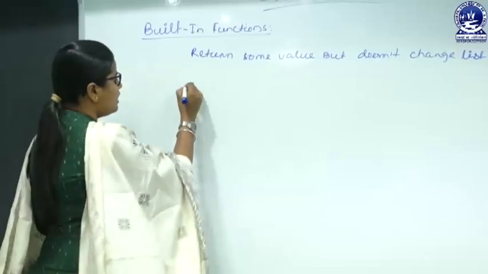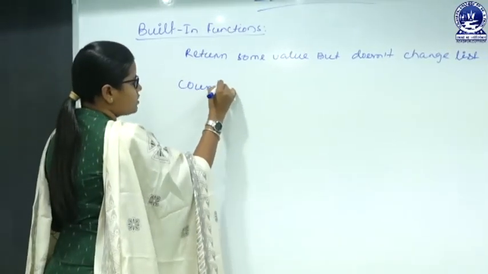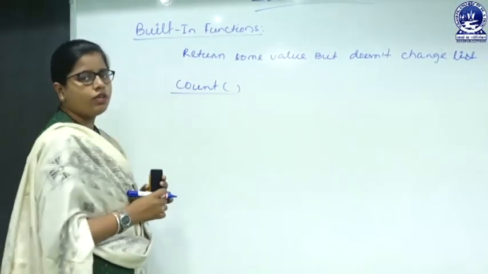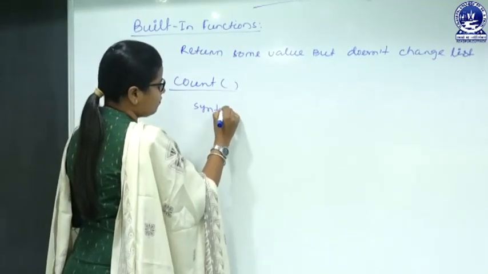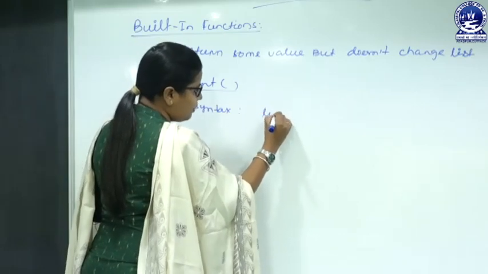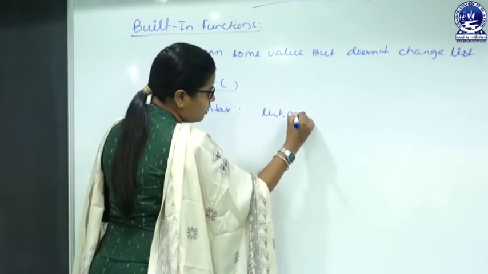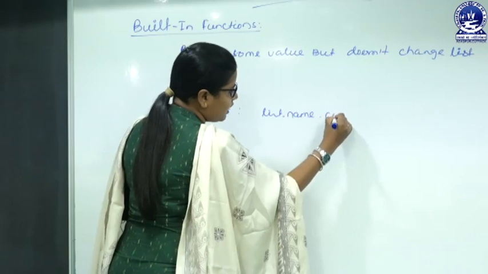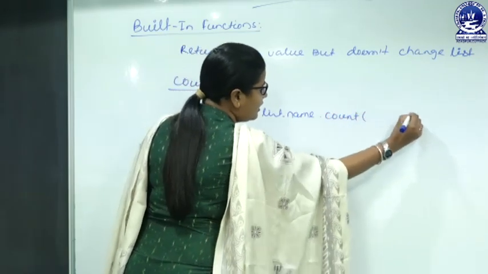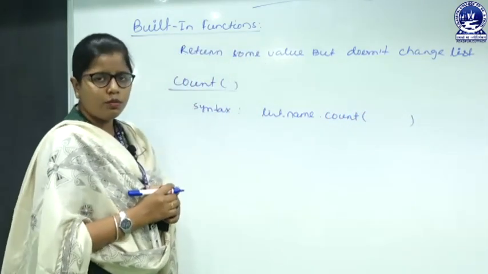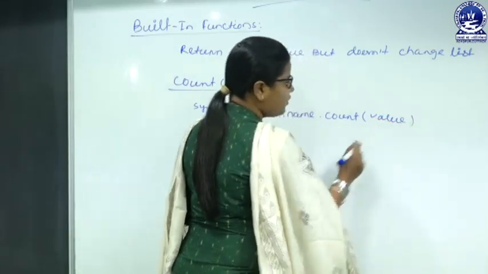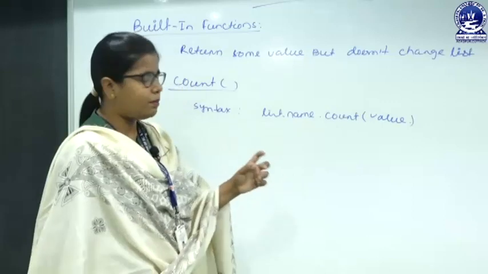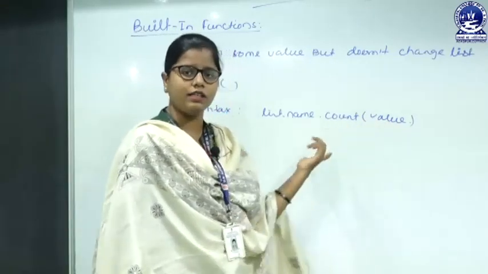First let us see what the count function is and what the syntax is to use it. The syntax for the count function is, first we mention the list name, then the count function gets added, then as an argument we pass a value. It will return the number of occurrences of that value in the list.